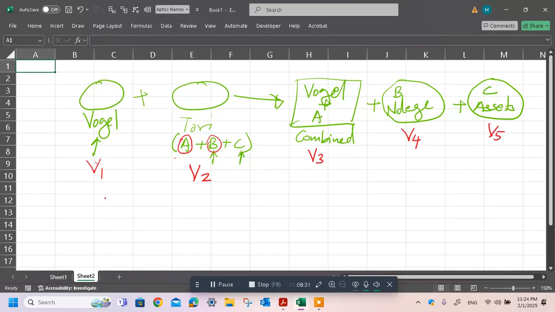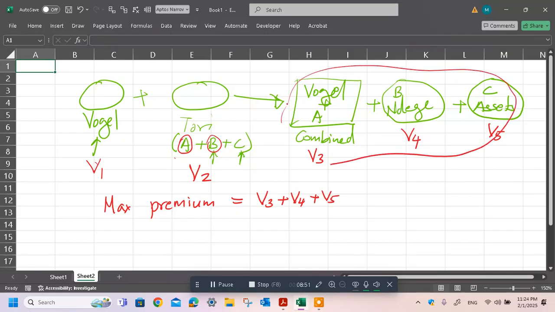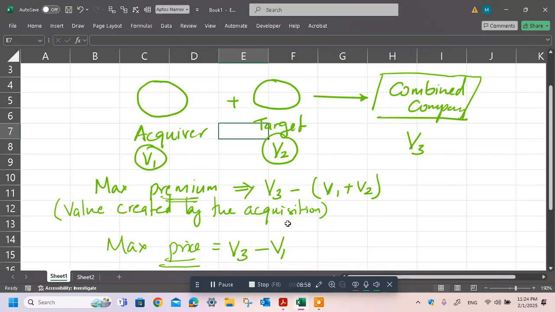And as usual, if max premium is the requirement, I'm focusing on part B of the requirement now. If premium is the requirement, V3, V4, V5. Let's add all of them together. Look, all this. In my previous example, the general example I explained, I just said combined company.